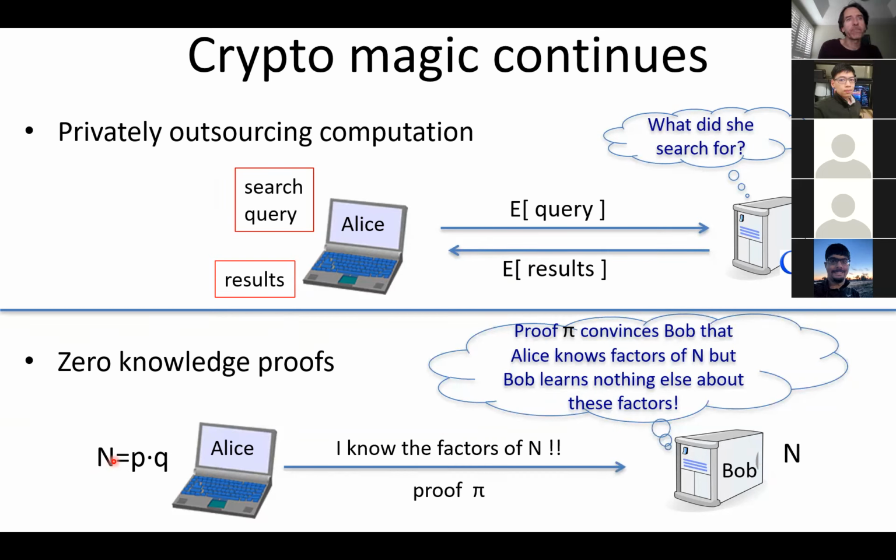And this whole area is incredibly useful for blockchain applications. If you knew how to efficiently prove that you have all sorts of stuff related to a committed transaction, that would be fantastic.